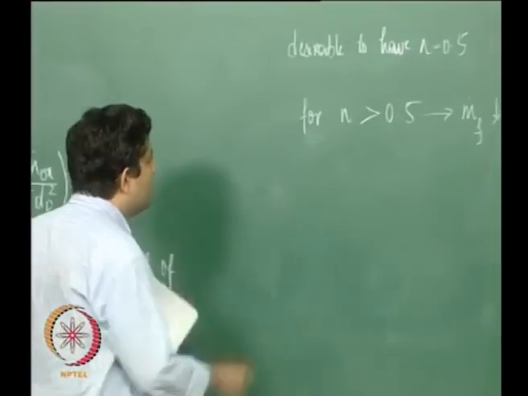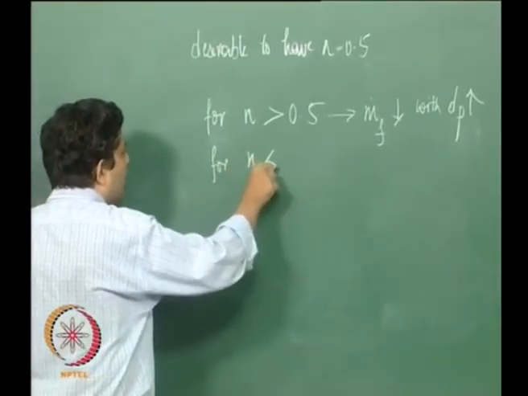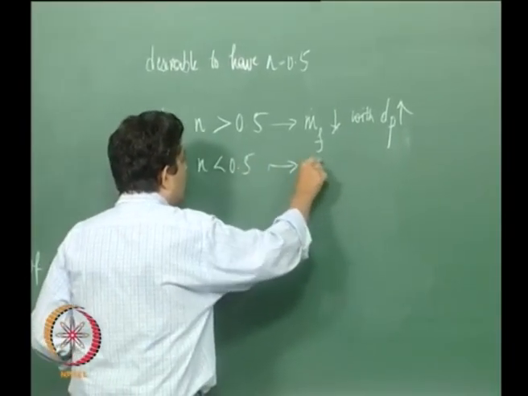Similarly, for the other case, for n less than 0.5, m dot f will increase.